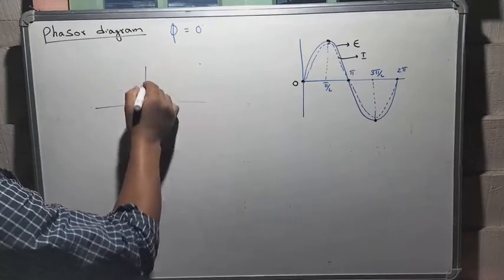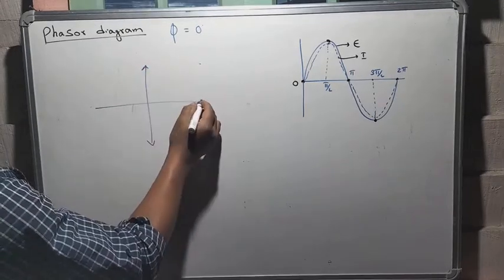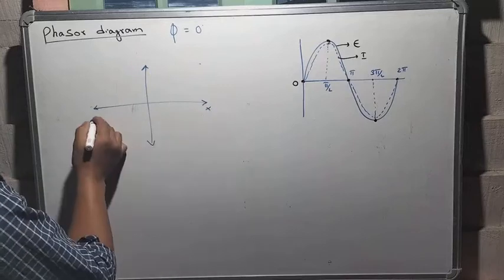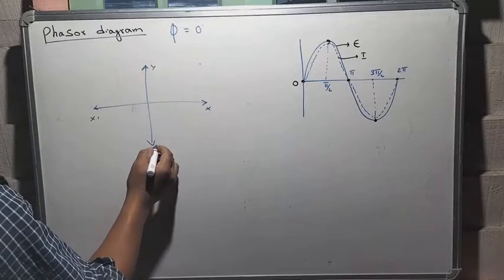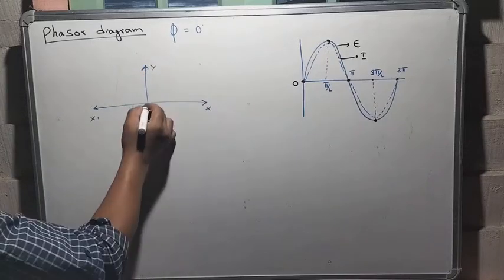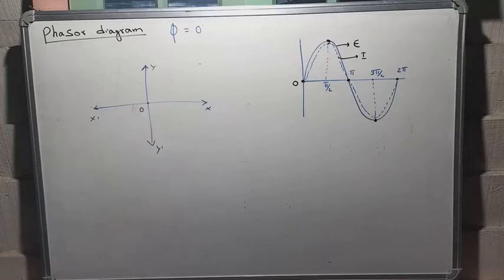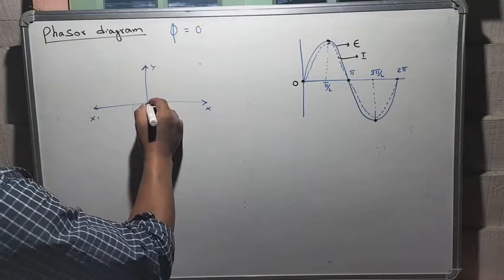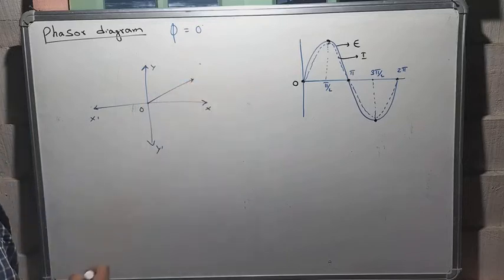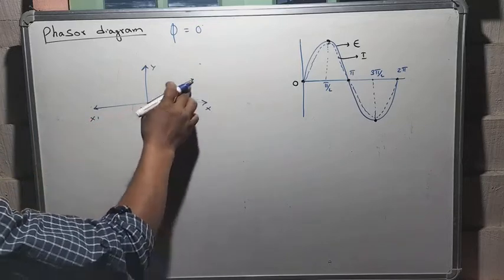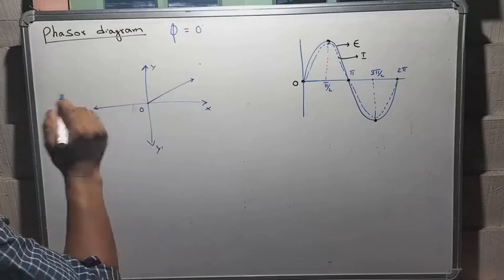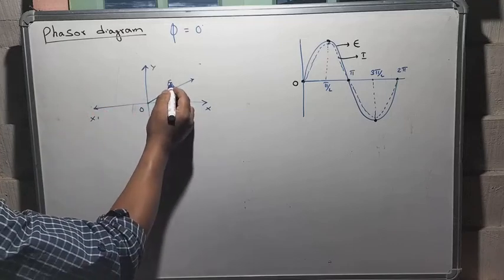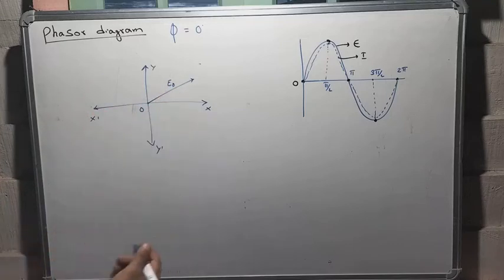Suppose this is my coordinate axis, in which this is the x-axis and this is the y-axis, and say this is the origin. Now if you represent the alternating EMF using this phasor diagram, I will draw a line, or say a vector, and this vector is E0 for the EMF.